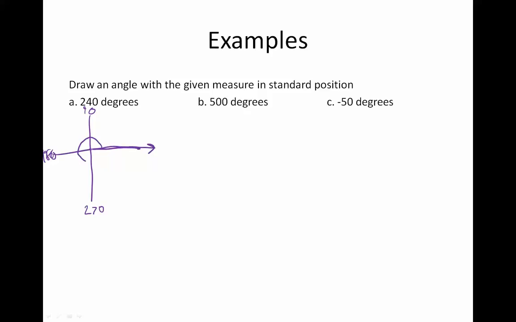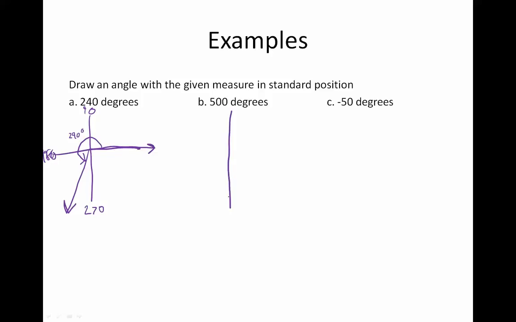Halfway through is 45, so it's a little bit further than halfway through. So we're approximately there at 240 degrees. So this angle, coming across this direction counterclockwise, is a 240-degree angle.